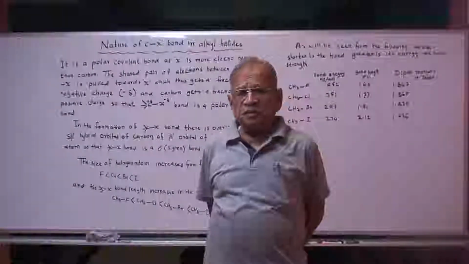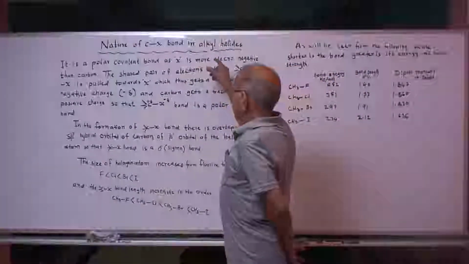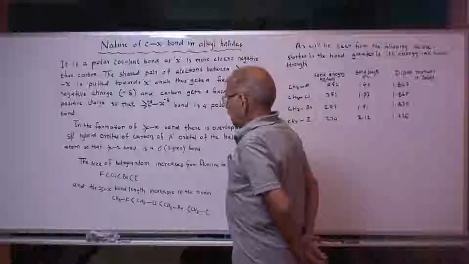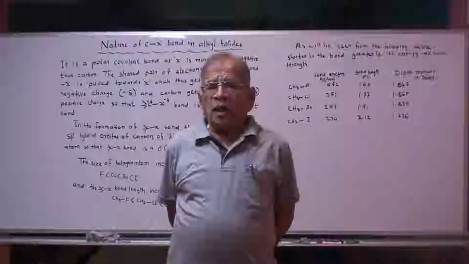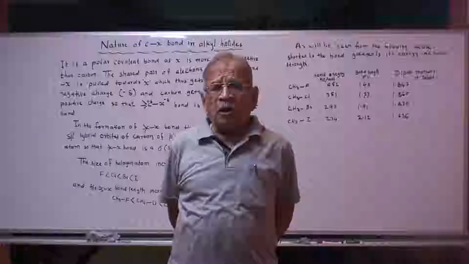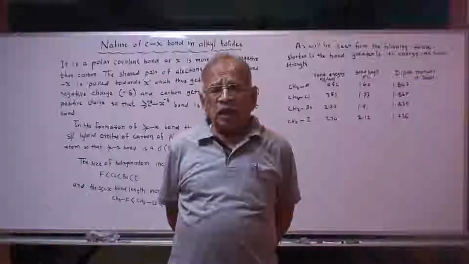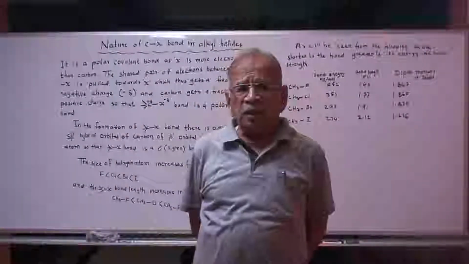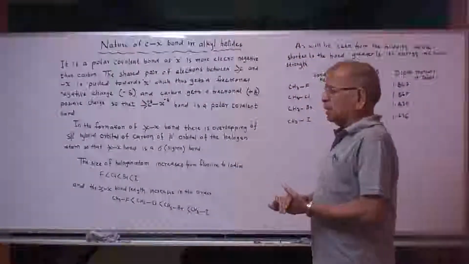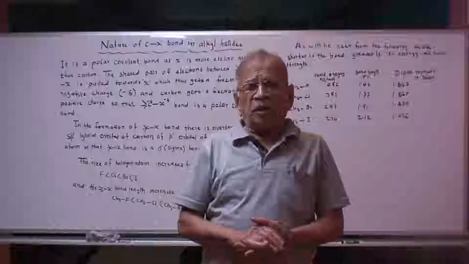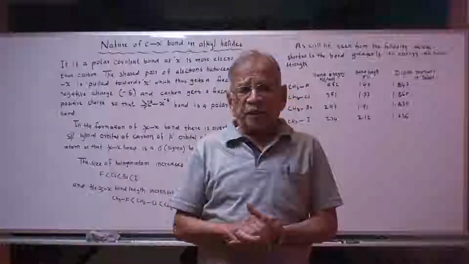For simplicity, here we have taken to understand the nature of the C-X bond in alkyl halides only the carbon-halogen bond in methyl fluoride, or in methyl chloride, or in methyl bromide, or in methyl iodide.